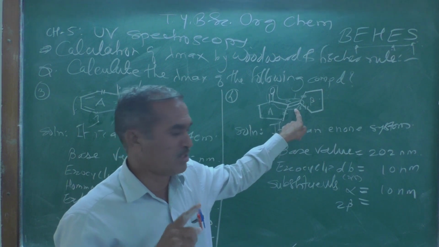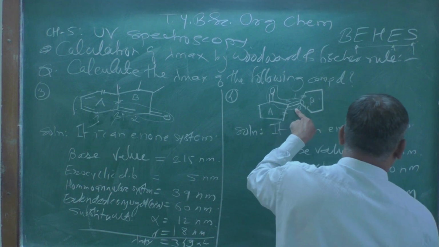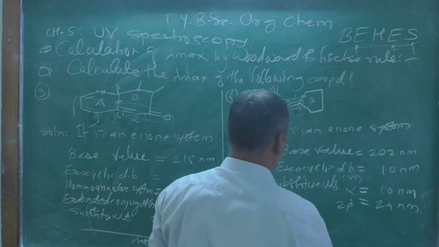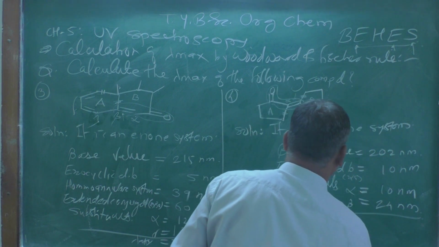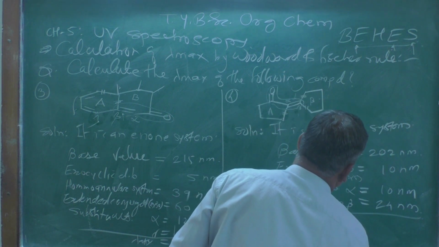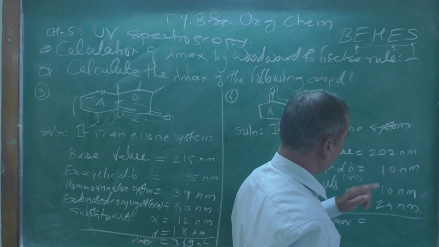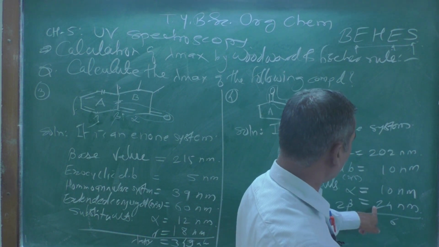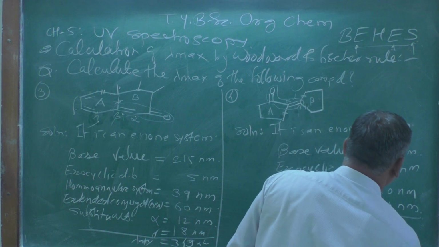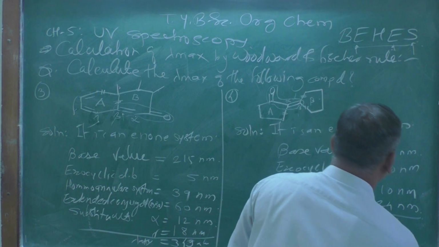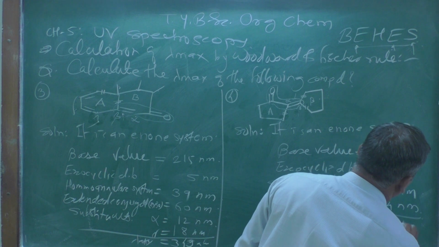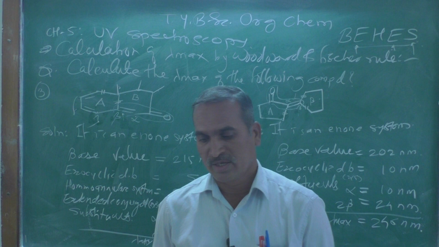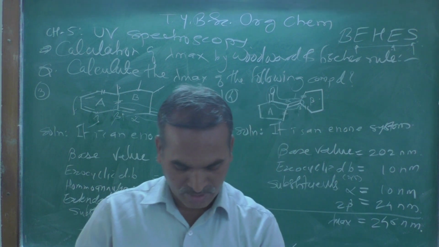Now it is 2, so you should add 24 nanometer, and that's it. And here you can write lambda max is equal to, go on adding: 4 and 2 is 6, now 2, 3, 4, you can write it down here, and 2, so 246 nanometer. 246 nanometer is the answer for this problem.